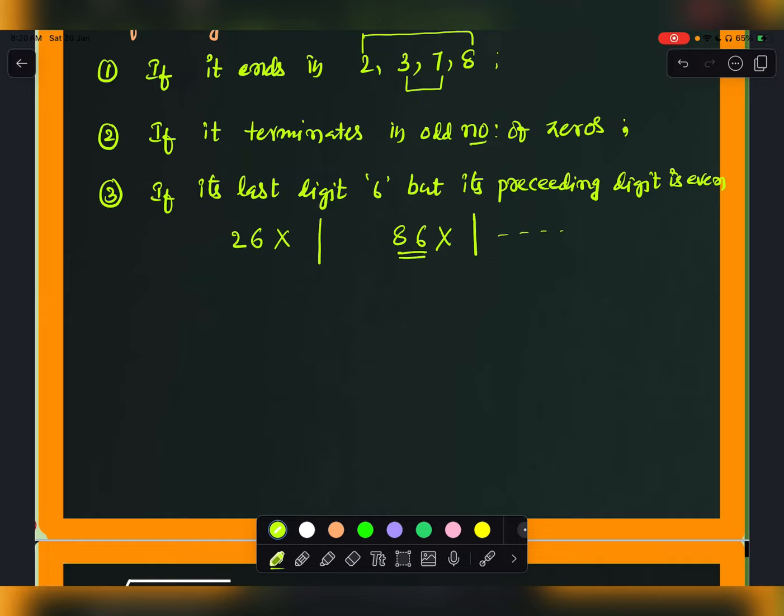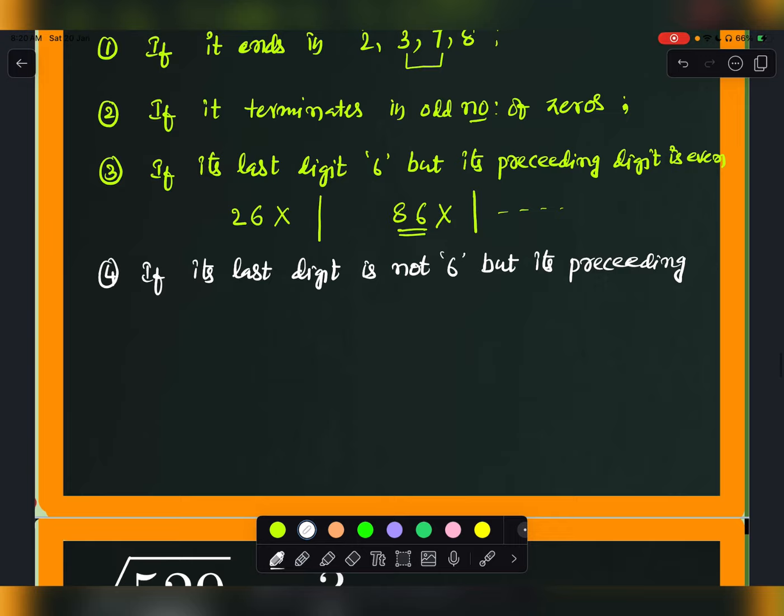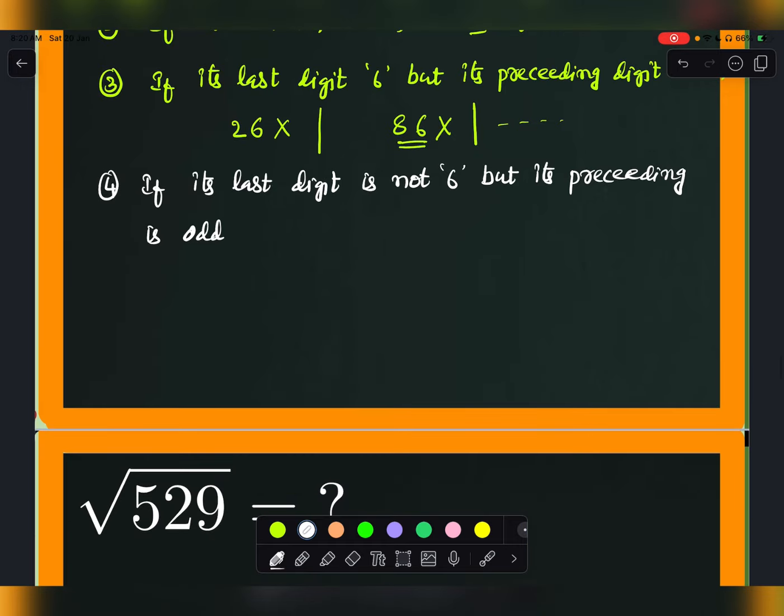Next one, if the last digit is not 6 but its preceding digit is odd, in such a case that number cannot be a perfect square.